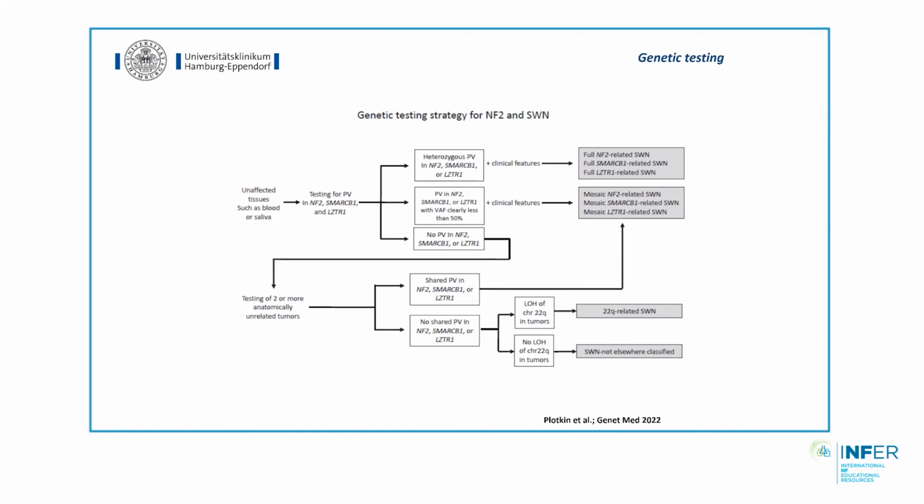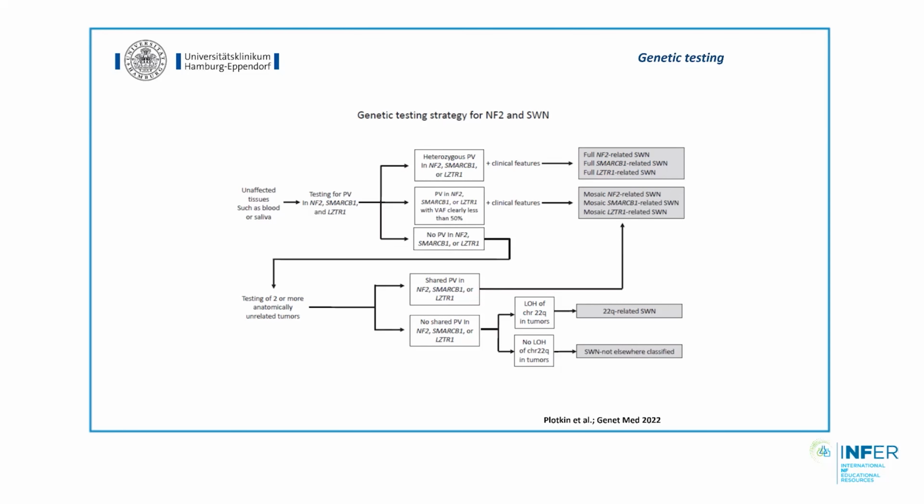This leads to a multi-step testing strategy to genetically approach the classification of schwannoma predisposing syndromes. As mentioned before, ideally two or more tumors should be tested if no constitutional mutation can be found in blood.